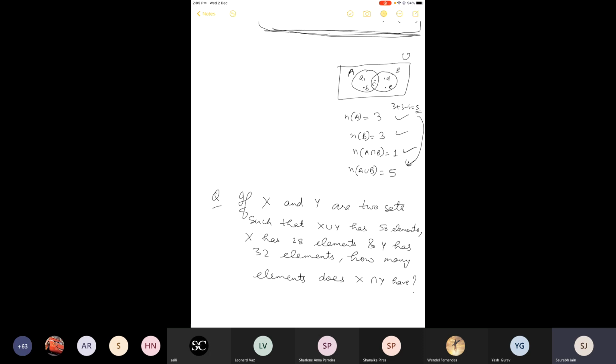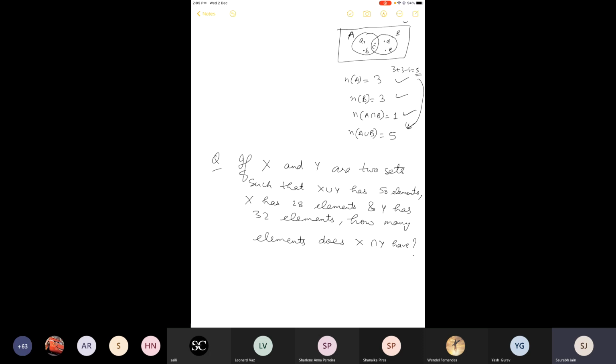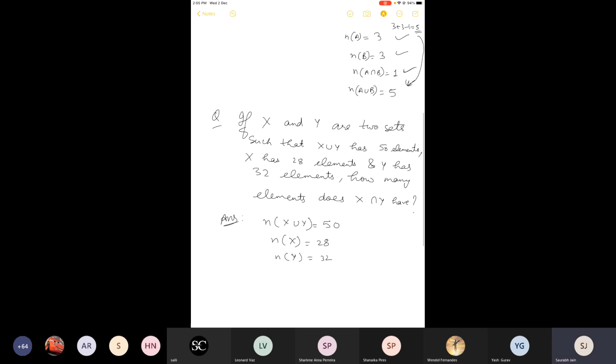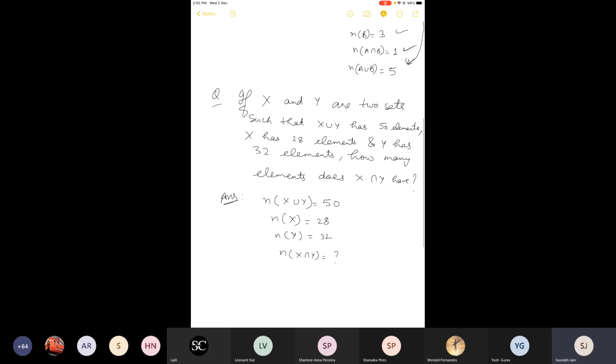So this is a straightforward question based on the above result. In place of A and B, they have used X and Y. So let us write them mathematically. First statement, number of elements in X union Y are 50. Number of elements in X are 28. Number of elements in Y are 32. And we have to find the number of elements in X intersection Y. So direct question.